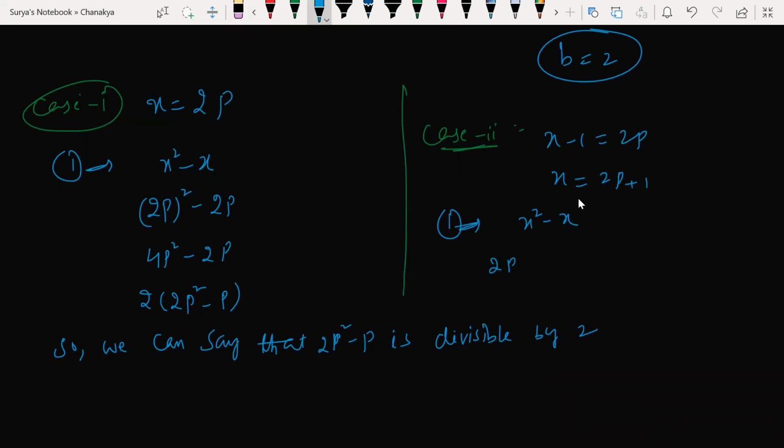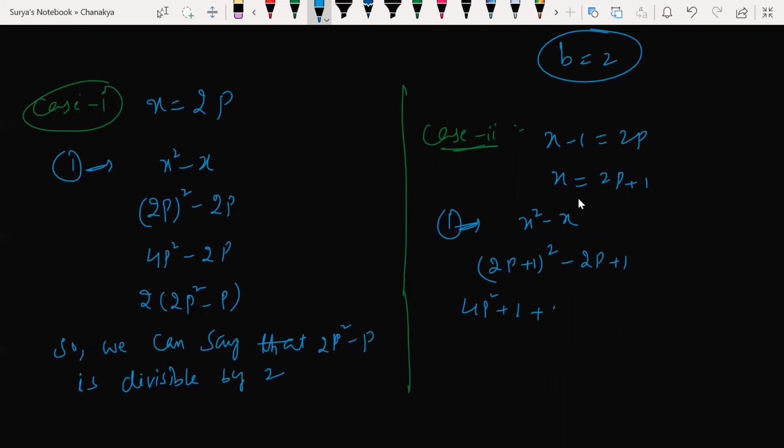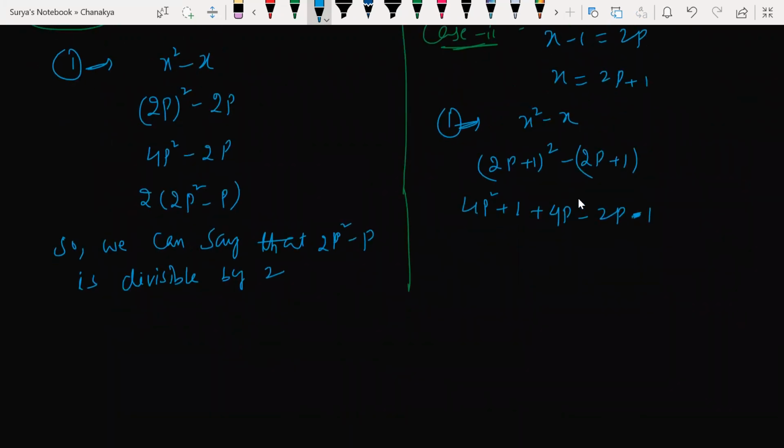So substitute here now. Minus 1, correct? Isn't it? So now look at this, 4p square plus 2p. This will get cancelled. What can I take common now? 2 common.